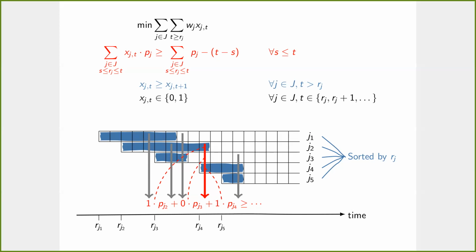So if you look at the left-hand side of the constraint, then it's a sum over the pj values times the xjt values of the jobs, and the support of this constraint exactly corresponds to the variables, the boxes, that are hit by this vertical ray.